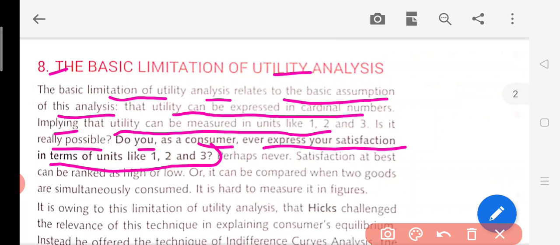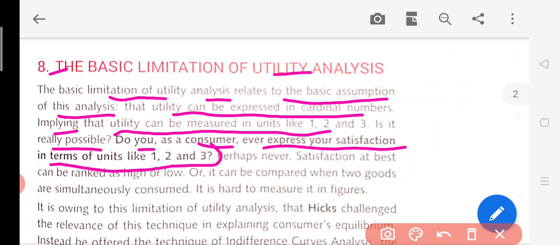Just like when you are having that chocolate, according to Marshall you will get 10 utils of satisfaction or 8 utils of satisfaction. If you are less satisfied, then maybe you are getting only 2 utils of satisfaction. So he was measuring this in terms of cardinal numbers.